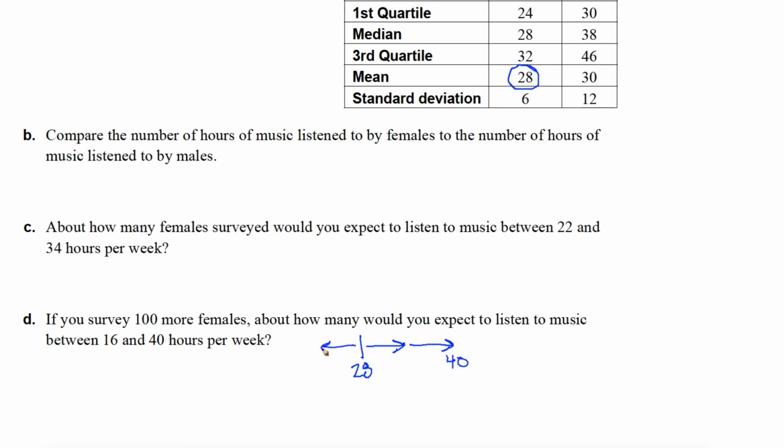And let's go 2 standard deviations this way. 28 minus 12 would be 16. So here's our 16 to 40. 2 standard deviations is 95%. So how many is 95%? Well, 95% of 100, remember we're asking 100, 95% is 95.